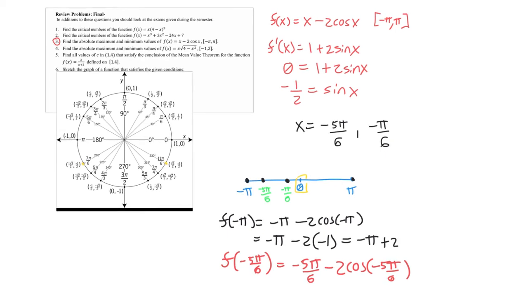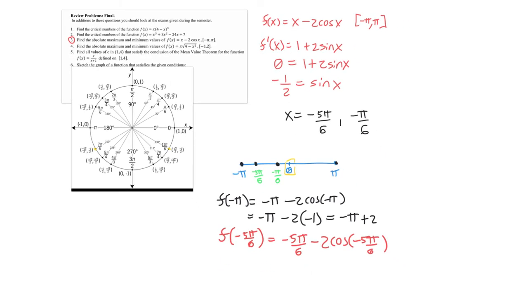Now, cosine of negative 5 pi over 6, when we look here, that would be all the way in this direction, and that would become negative radical 3 over 2 right there. So that would become negative 5 pi over 6 minus 2 times negative radical 3 over 2.